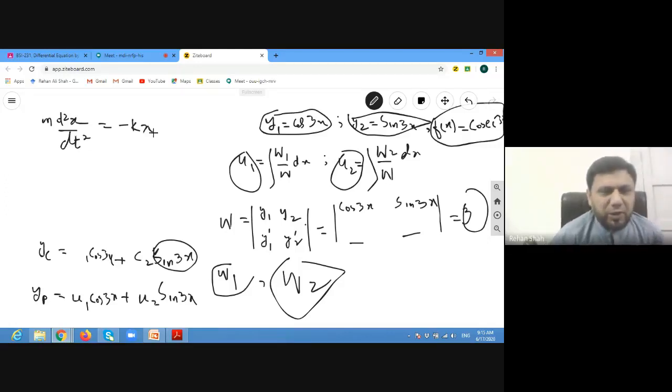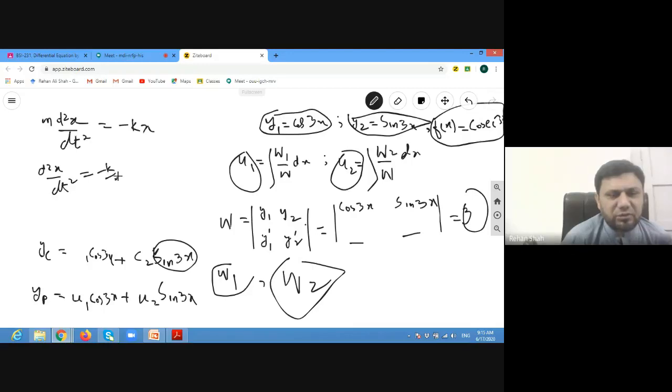Now, if you write it in this way, d square x by dt square is equal to minus k over m times x, which is equal to 0.